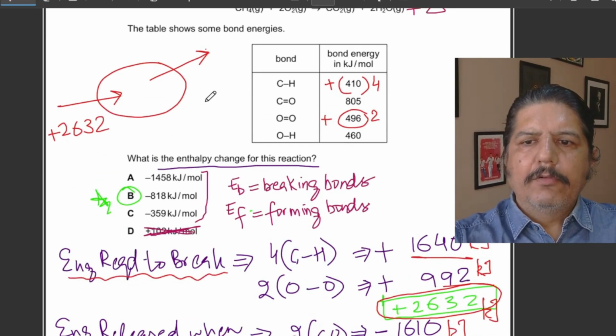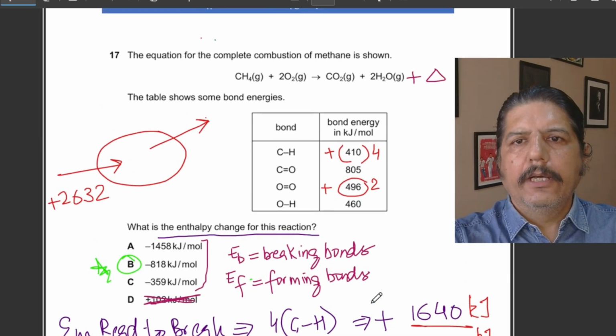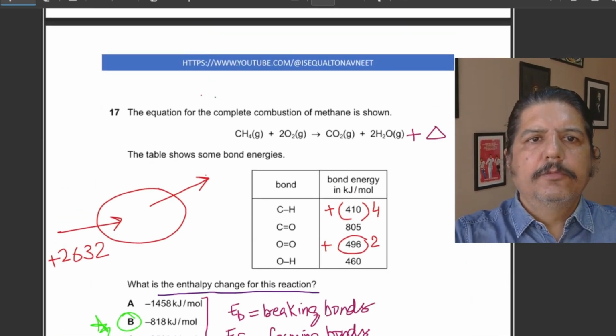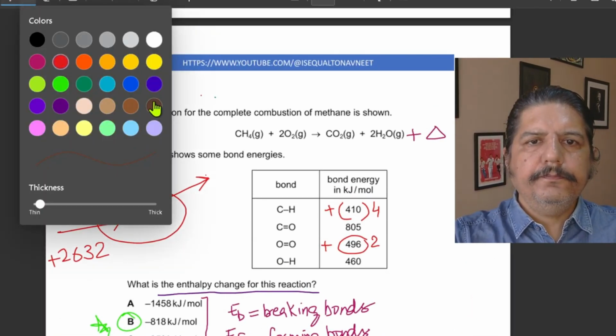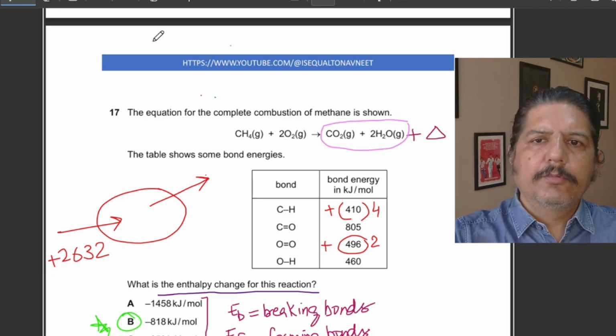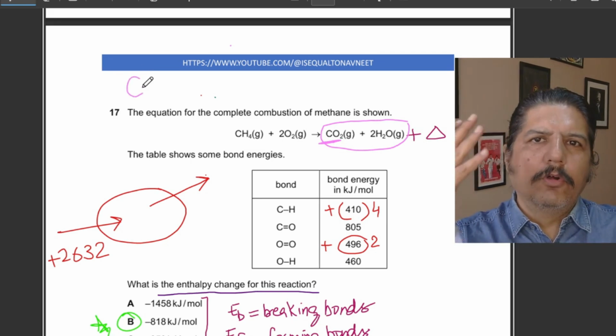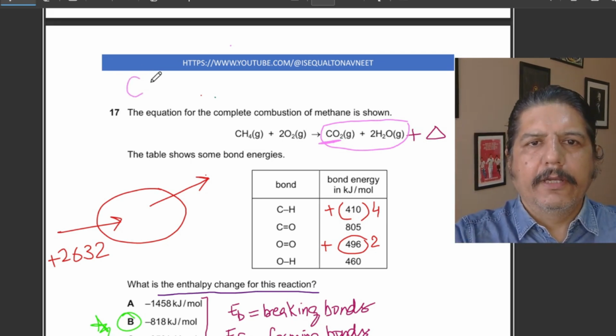So I've calculated that 2632 kilojoules of energy would be required to break the bonds. Now I come towards the product side. Now, if I look at the product side, we can ignore the bonding for a while.